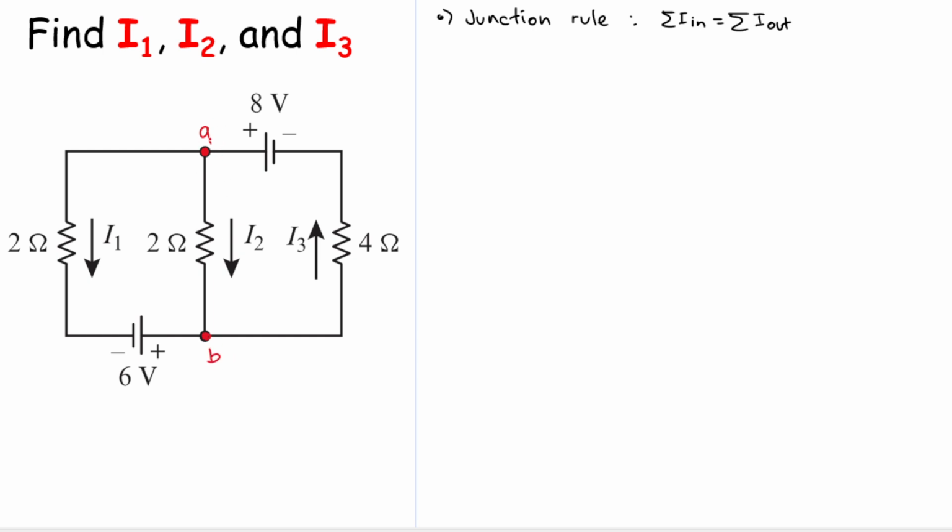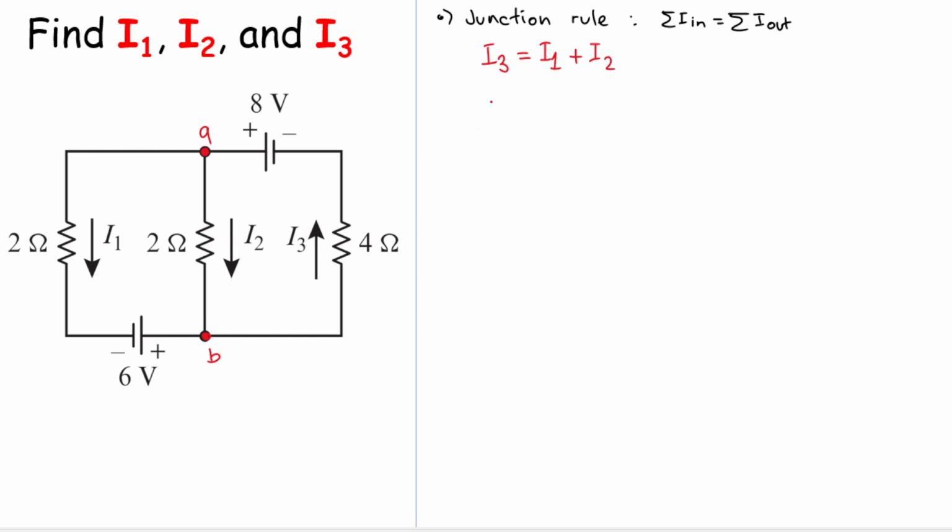I will use junction A here. The only current that goes into this junction is I3, so we will have I3 equal to I1 going out and I2 going out, and the sum of them is I1 plus I2.